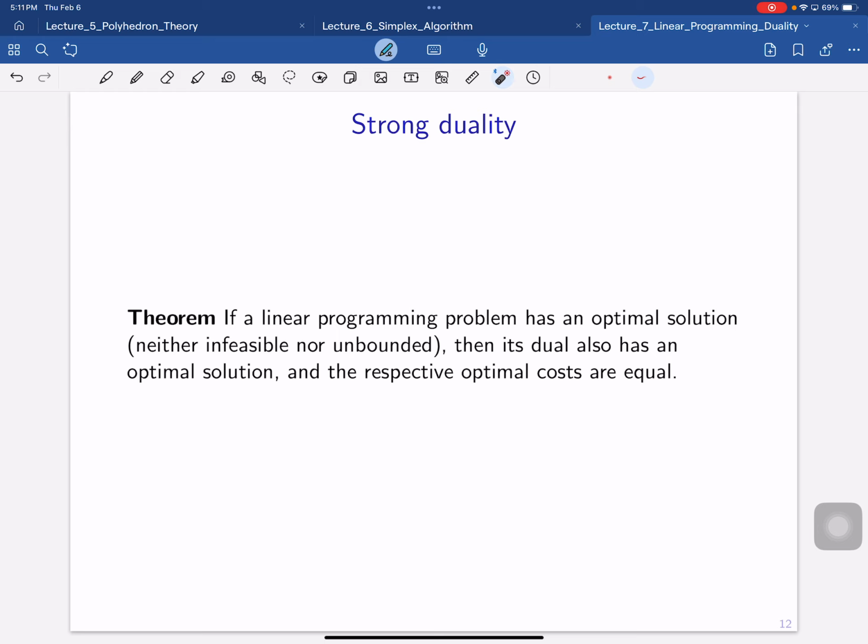Okay. So how do you prove this theorem? I'm not going to show a complete proof because a complete proof is quite difficult. We will just use what we discussed in the previous lecture. Recall the optimality condition of the simplex algorithm. What condition do you check when you decide to terminate the simplex algorithm?